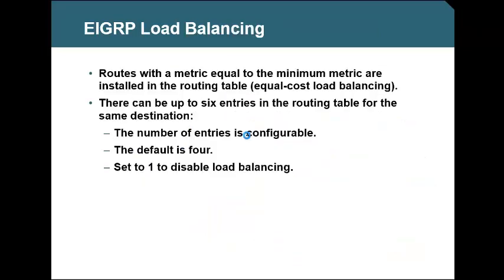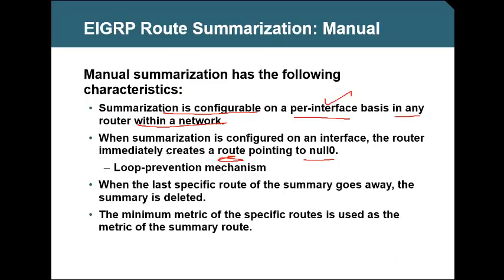What EIGRP is designed to do is point towards the null interface. When a summarization is configured on an interface, the router immediately creates a route pointing towards null. Why does it point towards null? Why not any physical interface? It is to prevent loops. Now, when will the summary route go away?